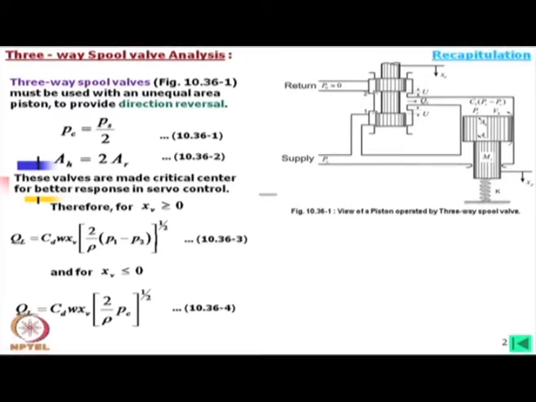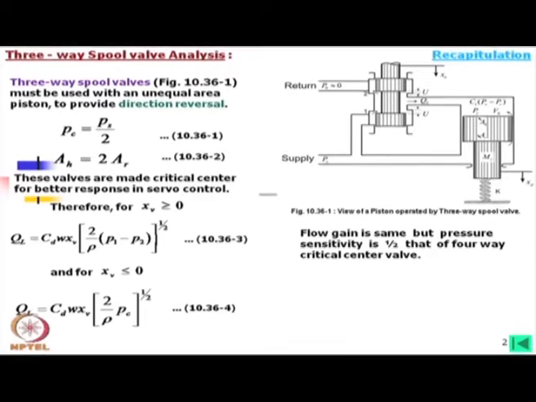And if there is some circular drill hole or some other type of hole, then these are calculated accordingly. However, in most of the cases we will find that this is a linear port opening, that means a rectangular port, where the hole is rectangular or the full groove.